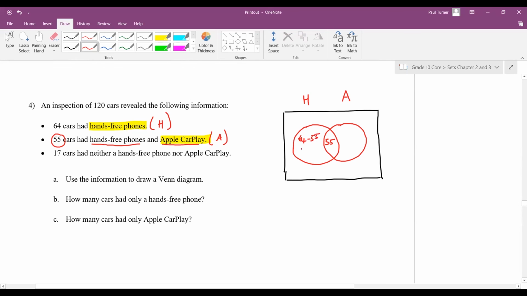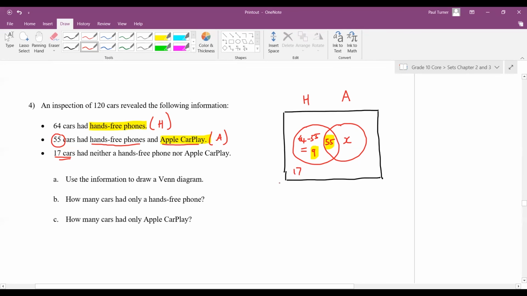So in this case, you'll get 9 in this part. So 9 there, hands-free phone only. 55 have both. What we don't know is how many had Apple CarPlay only, so we write X here. 17 had neither, so that goes outside.